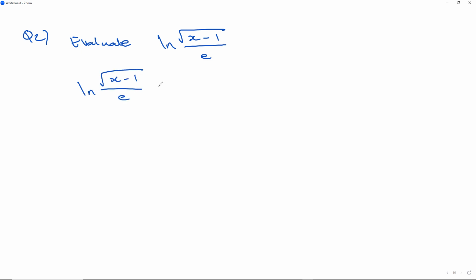Let's do another question. Question number 2. We're asked to evaluate ln of the square root of x minus 1, over e. So I can rewrite this. I can say ln of the square root of x minus 1 over e is equal to ln of x minus 1 to the power of half over e.